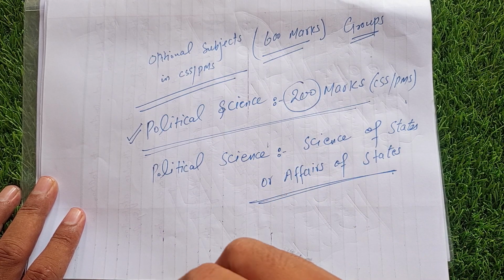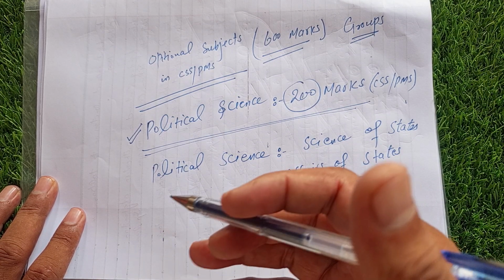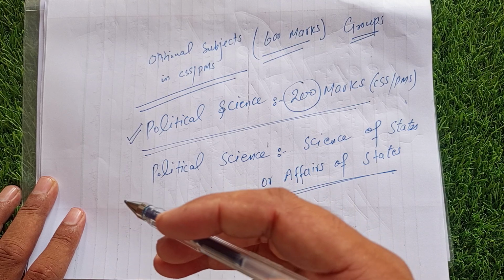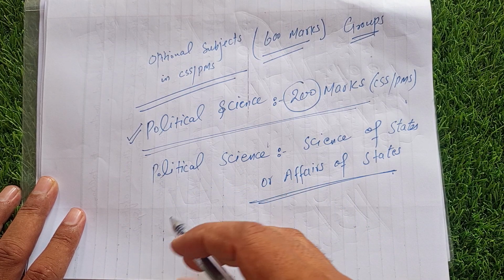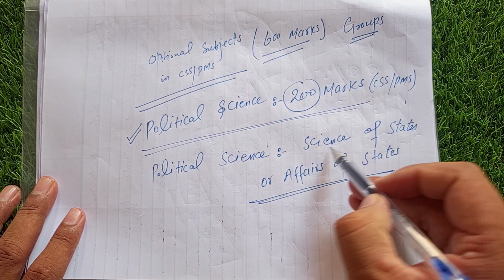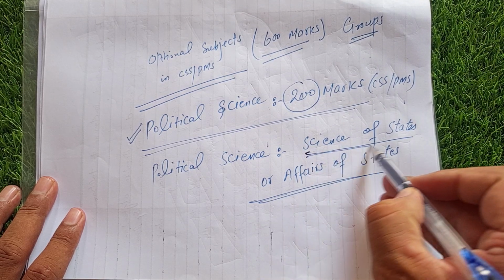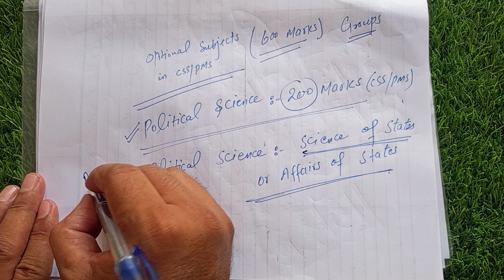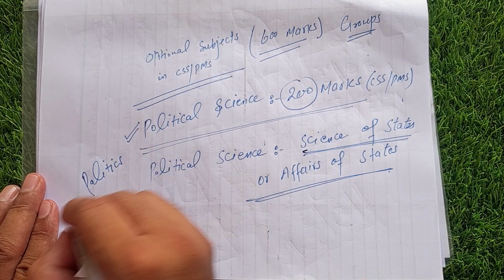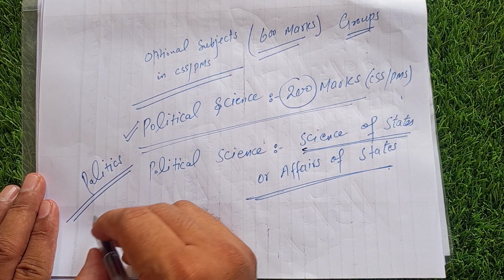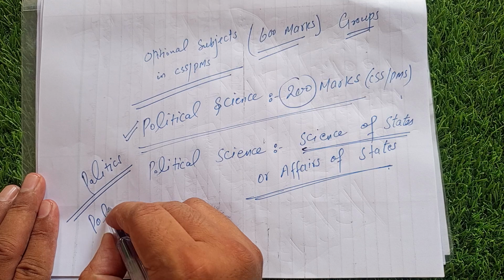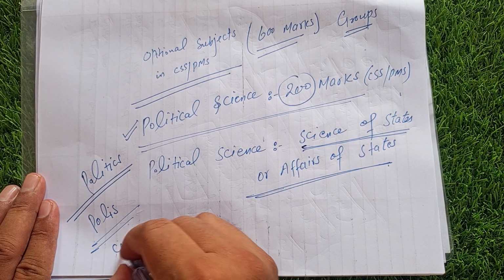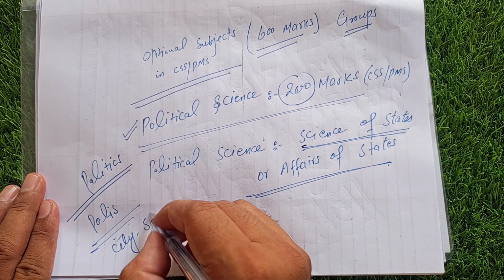But on the other hand, political science is something different. Political science basically is the science of the states. This word politics came from a Greek word polis, which means city, state.